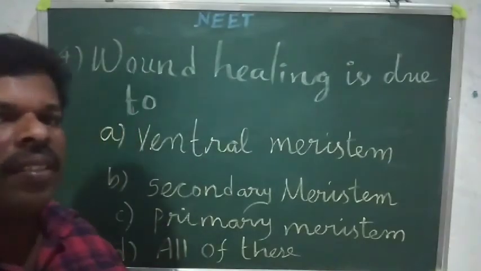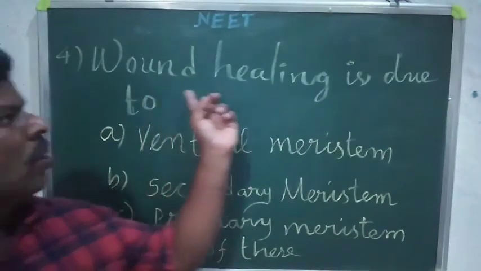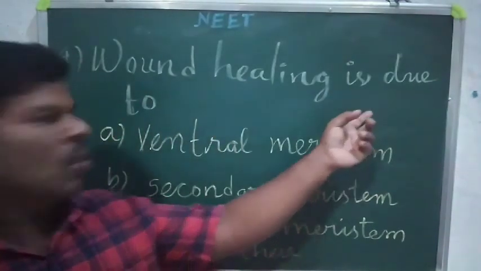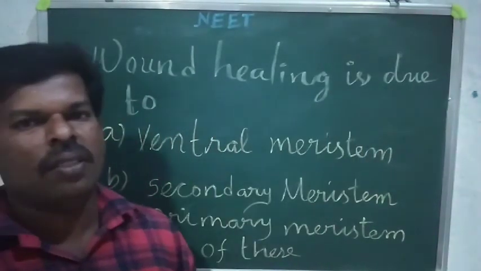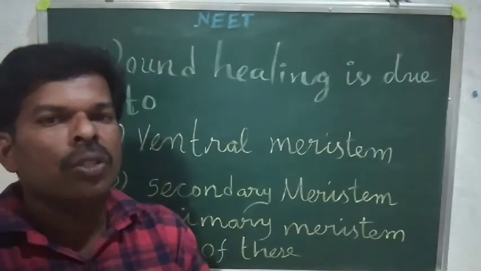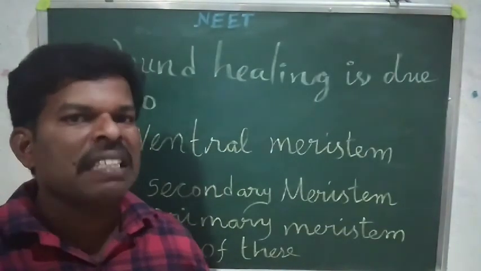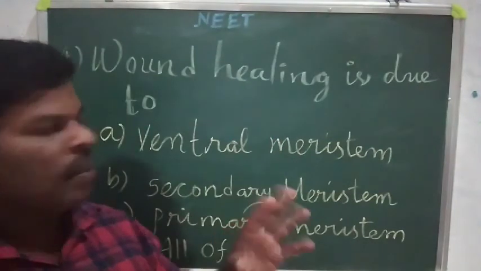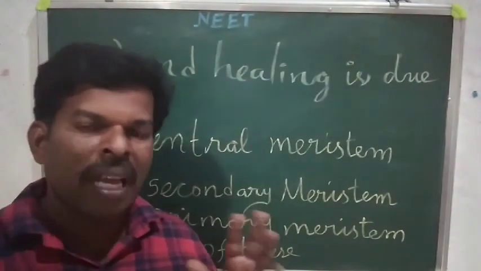The next question: wound healing is due to dash. Maybe a plant is injured or cells are damaged due to some natural factors.